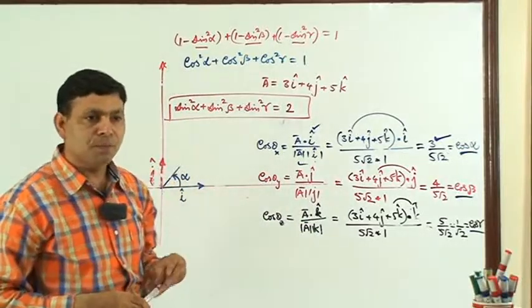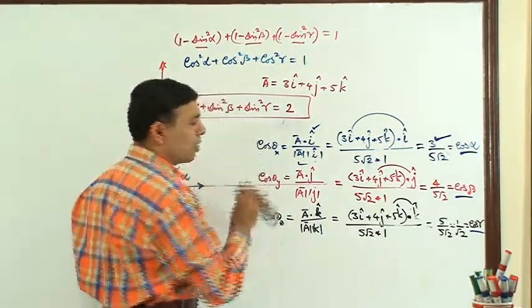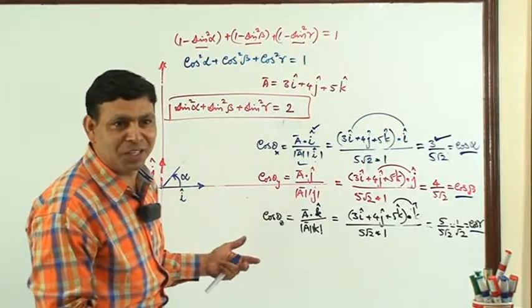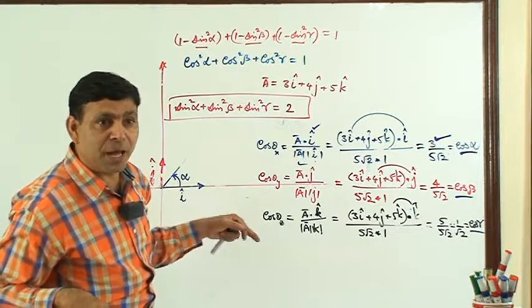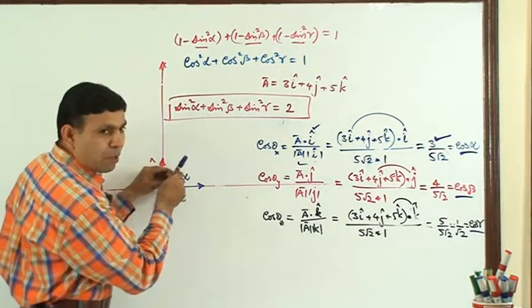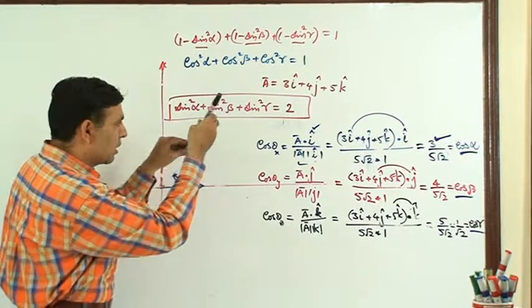Clear, everybody? Mind you, I'm not telling that direction cosines are unique for a given vector. In fact, all vectors in the same direction will have the same direction cosines. For example, if you have this vector 3i plus 4j plus 5k, and you multiply it by say 5 or 2, you would still get a vector in the same direction.